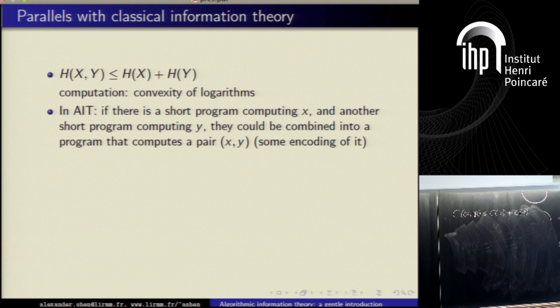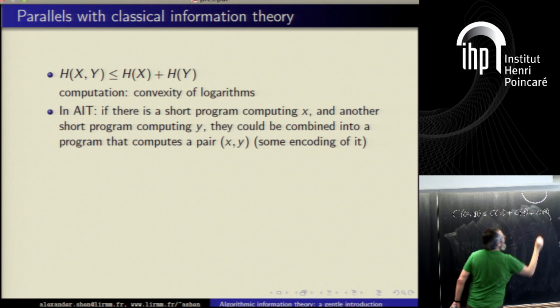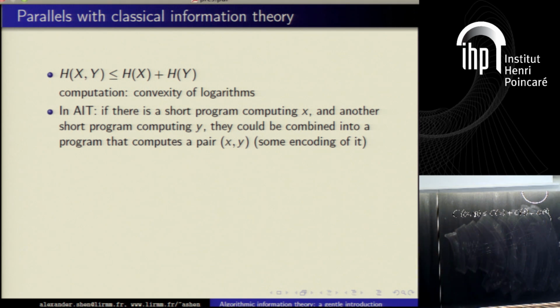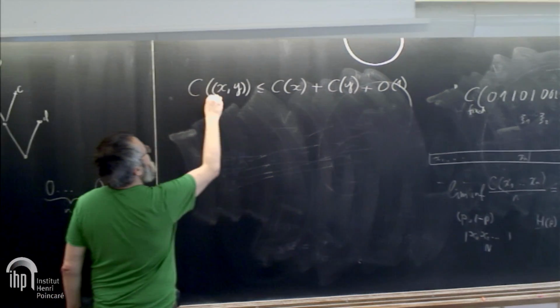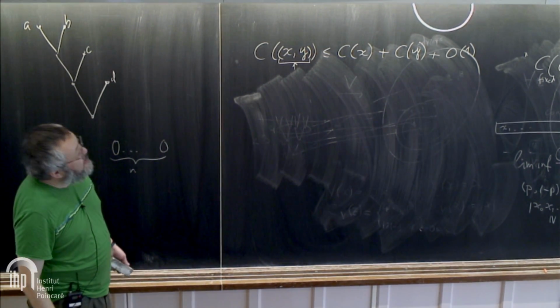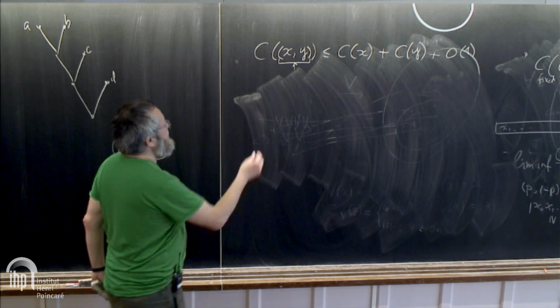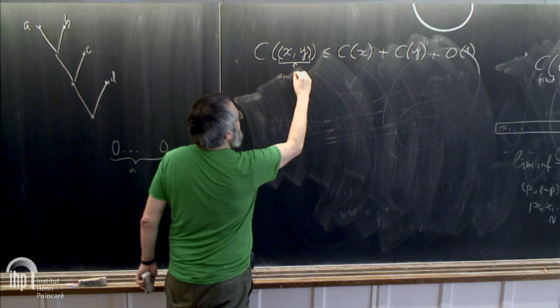But there are several things which need to be said. First, everything is defined up to a constant, so we should add O of 1. Second, we need to say what is the complexity of a pair. A pair is not a string, so formally we need to define this complexity, and so we take some encoding of a pair.